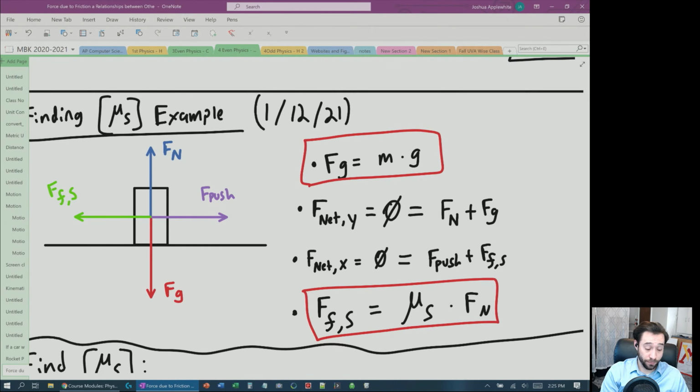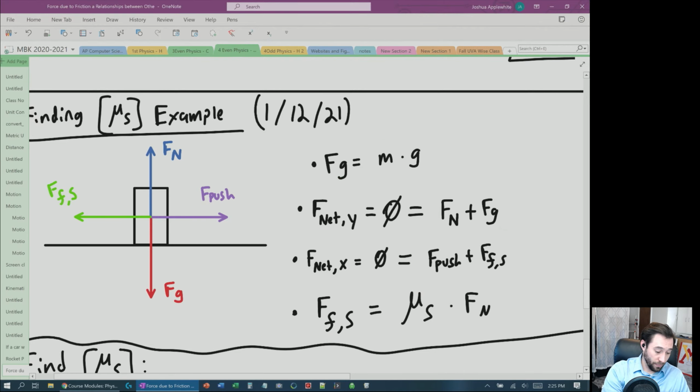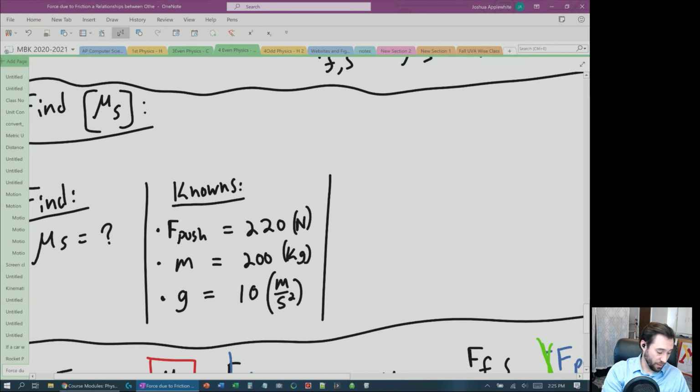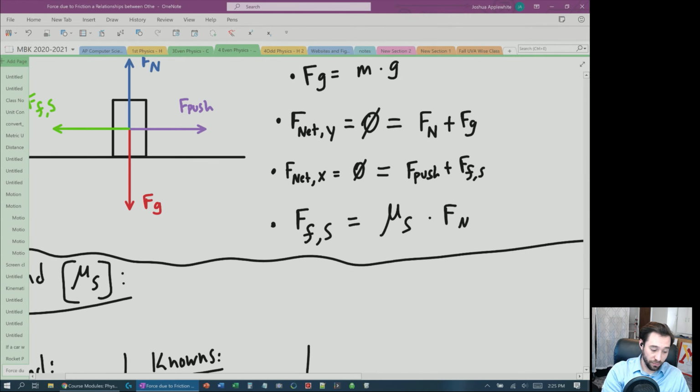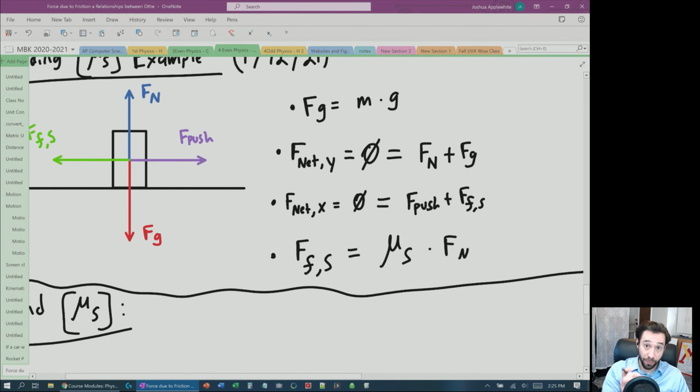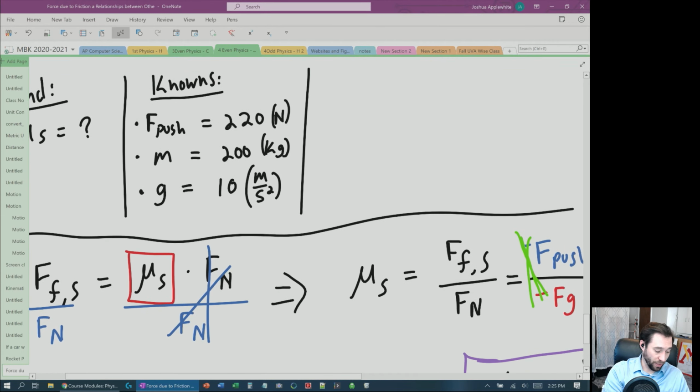Cool. Then we went through the process of solving these four equations and manipulating them so that we have mu sub s on one side, and we only had things on the right side that we have in our knowns box.